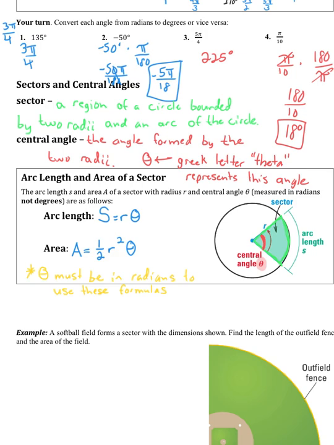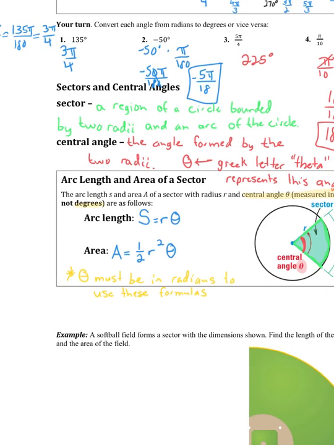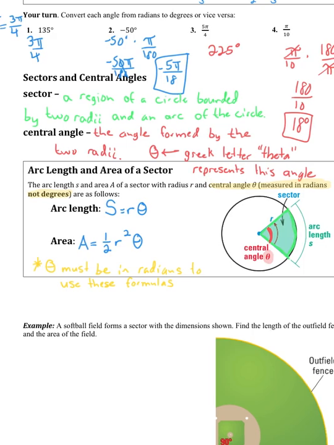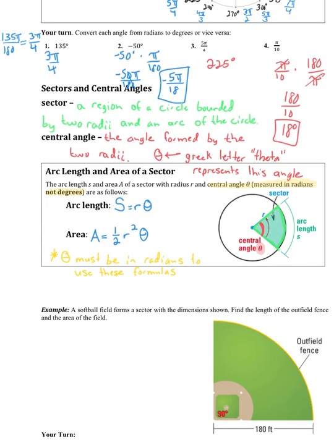It even says it up here: central angle theta measured in radians, not degrees. Otherwise these formulas will not work. So basically, if you know the angle measure in radians, then you can calculate the area and the arc length, as long as you know the radius and the angle measure in radians.